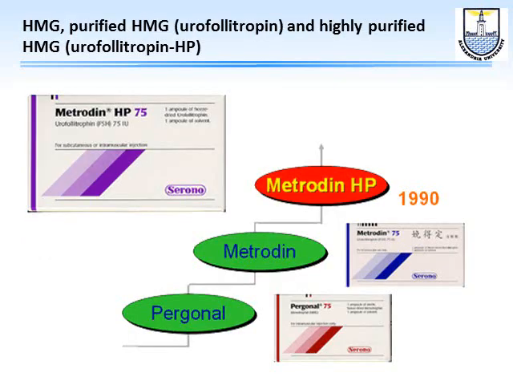So we had on the market at that time Pergonal, which contained 75 FSH and 75 LH, Metrodin, which contained 75 FSH and 25 LH, and Metrodin highly purified, which contains 75 FSH and maybe less than 1 unit of LH.